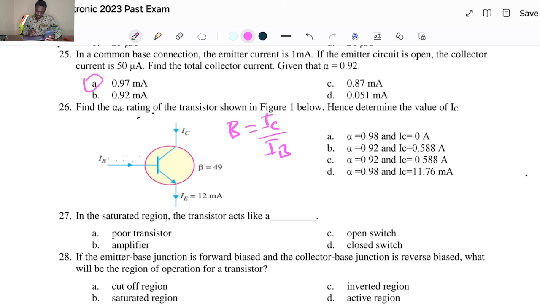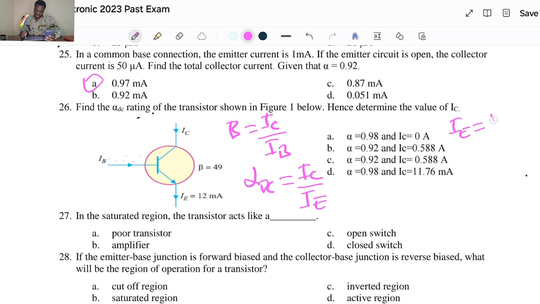At the same time, we are asked to find alpha DC. Alpha DC is equal to IC over IE.